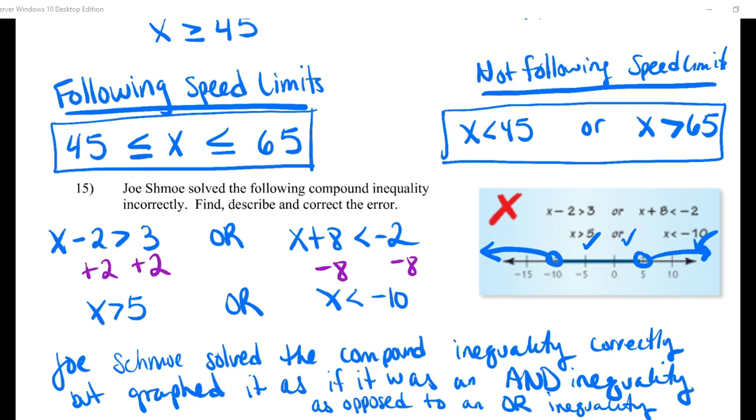So he solved it correctly, but he just graphed it as if it were an and inequality as opposed to an or inequality.